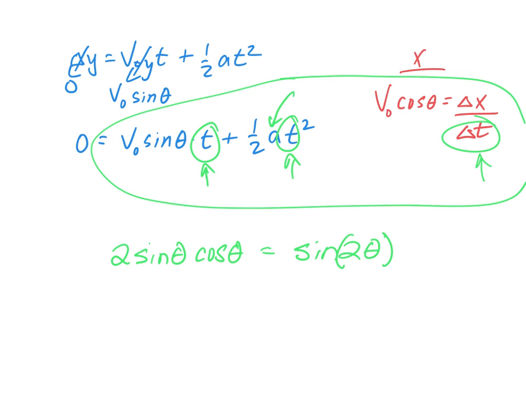You'll probably end up, or you should end up, with this expression in the equation once you combine those two equations to eliminate time, and substitute in for this on the left side, this on the right side, because they're equal to each other. You can substitute in sine of 2 theta for 2 sine theta cosine theta. Turns out they equal the same thing. That way you get rid of these two trig functions and you have only the sine function in your answer. So it makes it easy to calculate in different circumstances.